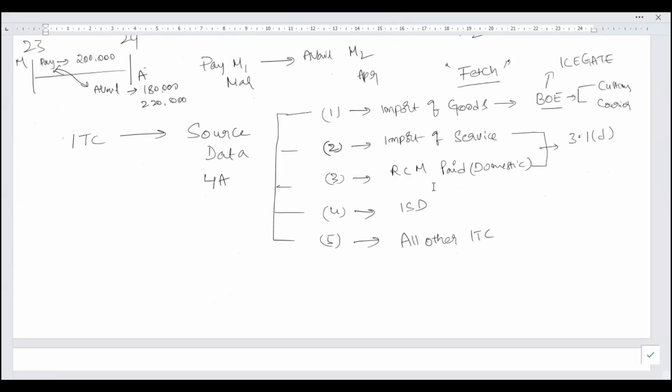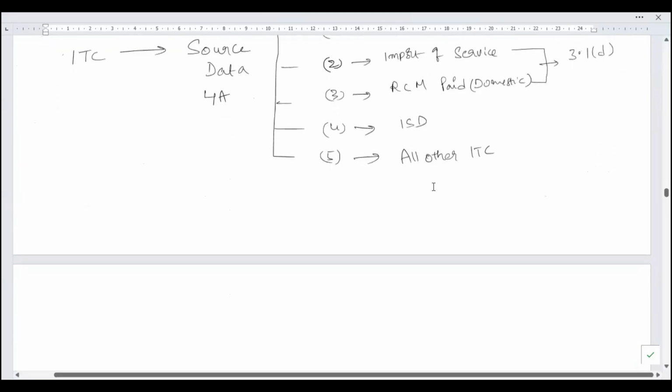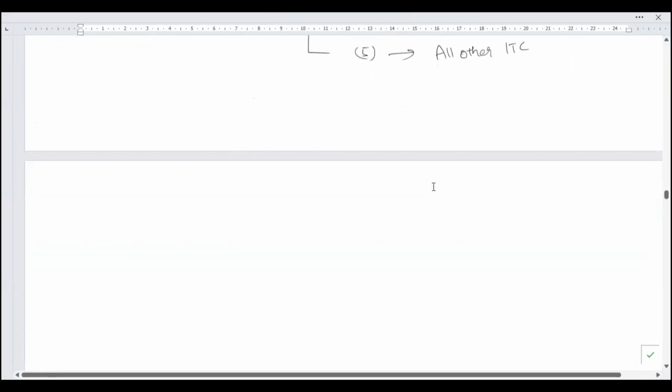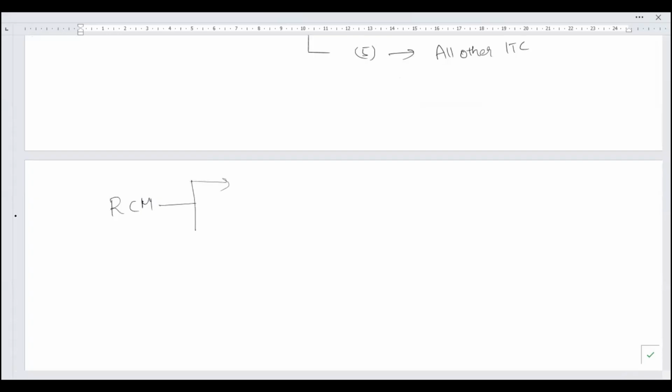Now, as an auditor, how do I know I have paid tax under reverse charge properly? Reverse charge, RCM: I have two mechanisms, one is goods, another is services. Goods notified have to pay tax under reverse charge.